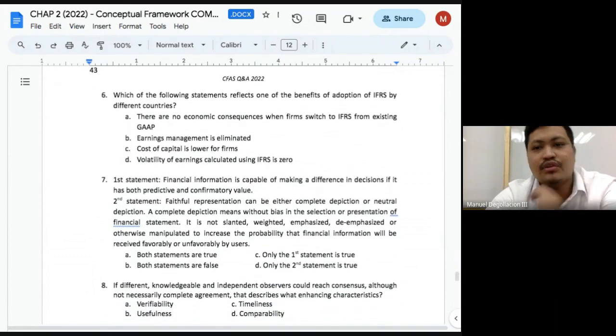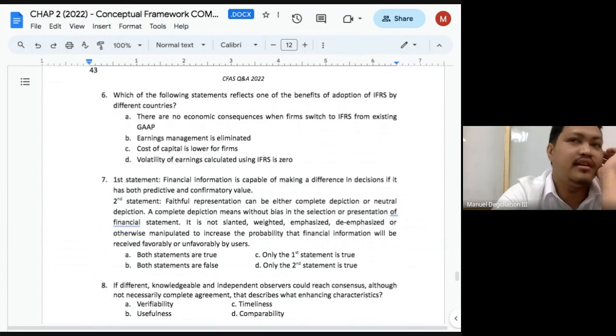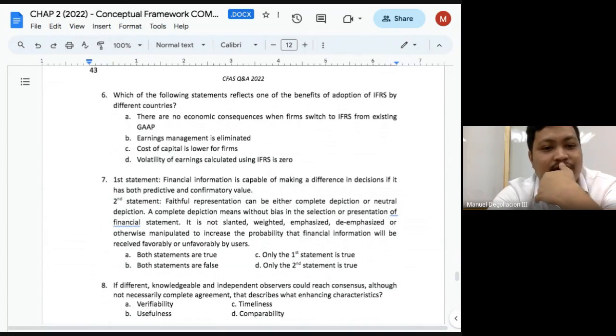Number 6, which of the following statements reflects one of the benefits of the adoption of IFRS by different countries? The answer here is letter C. Because the standards are already stable, the rules are already organized, then providers of capital tend to be more confident in the financial statements.